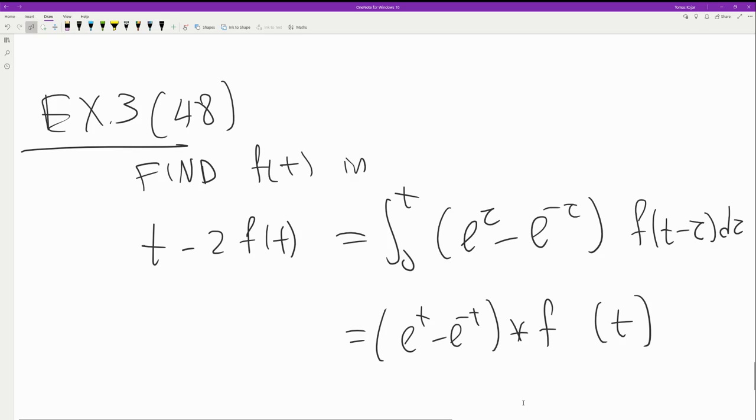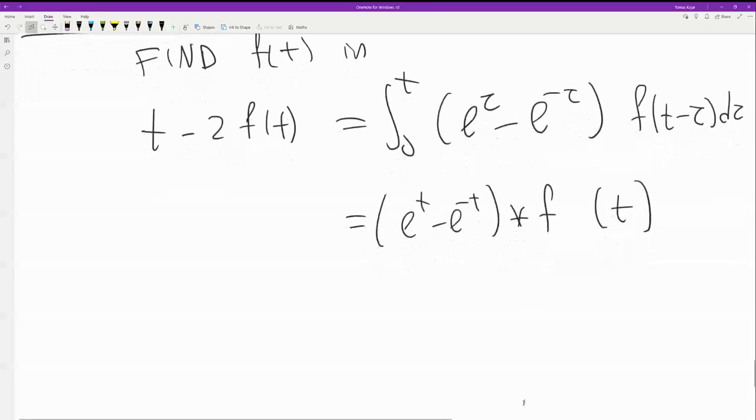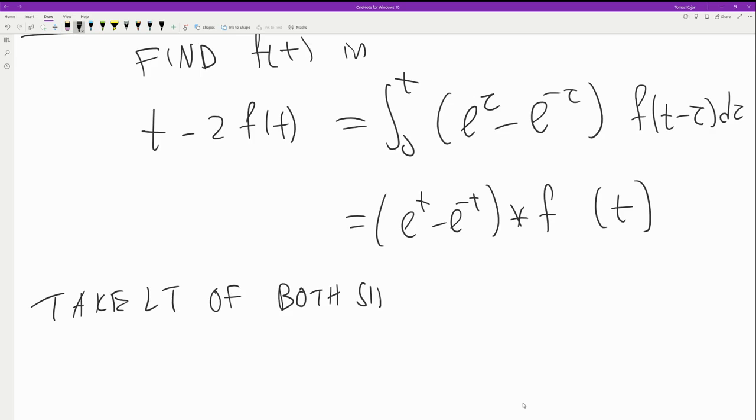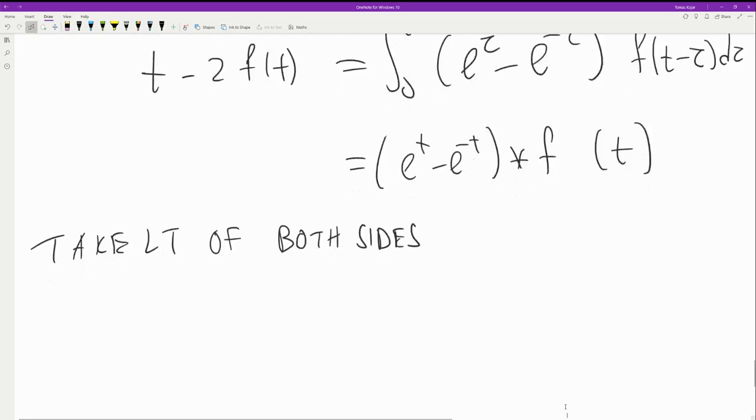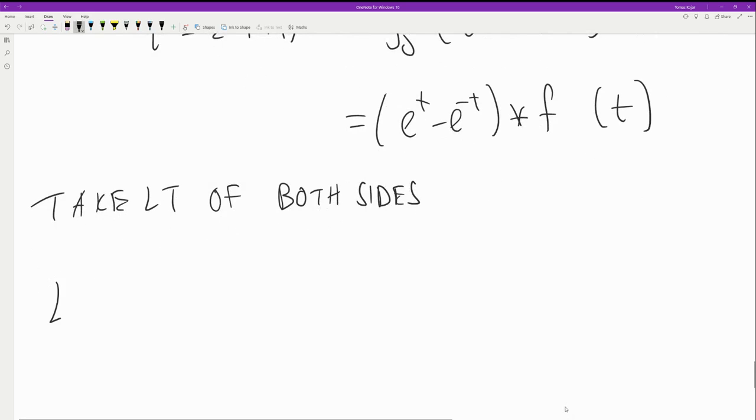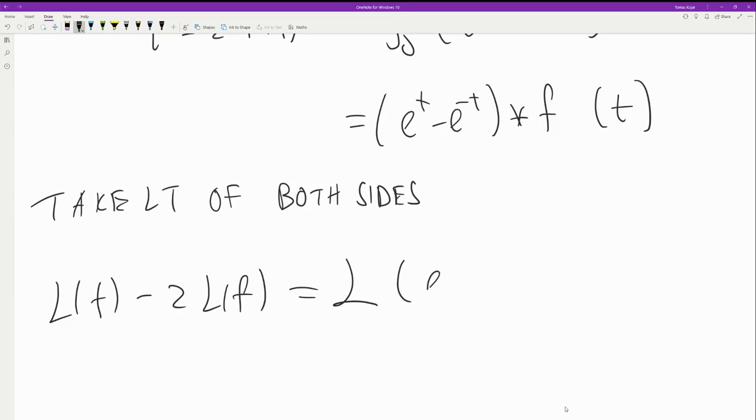Okay, so let's do this. Take the Laplace transform of both sides. So we have L of t minus 2 L of f, and then L of the convolution.